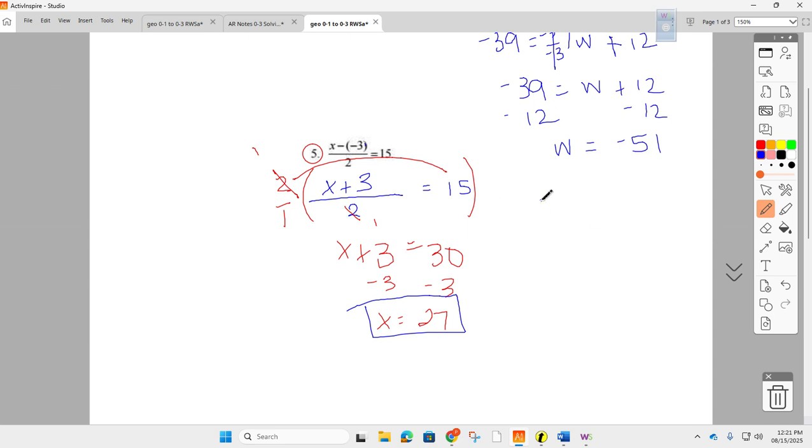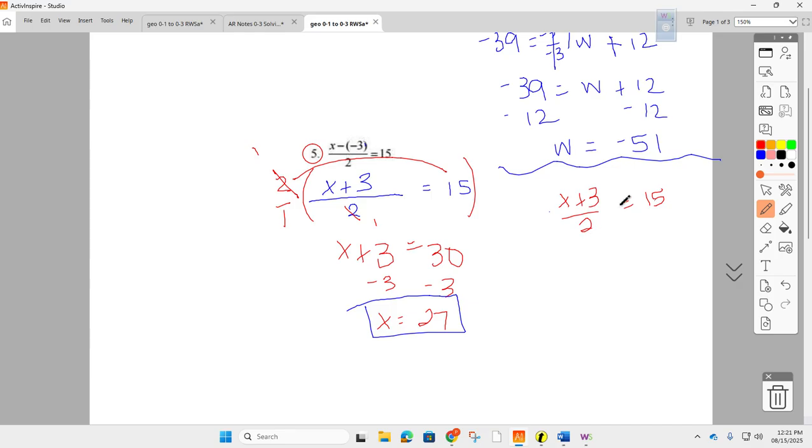Okay. So we're still going to rewrite it, x plus 3 over 2 equals 15. But the other option, well, it actually is exactly the same thing. Instead of thinking of it as a fraction, we're thinking of it as a division. So it's not really different.